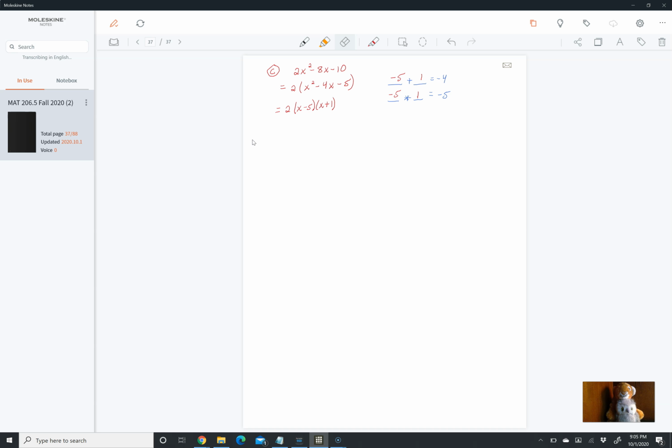Our other roots we can find by setting this equal to 0. Now 2 is not 0, but that doesn't matter, because if x minus 5 is 0, then the whole thing is 0. If x plus 1 is 0, the whole thing is 0, so it doesn't matter. So we're saying x minus 5 equals 0, or x plus 1 is equal to 0.